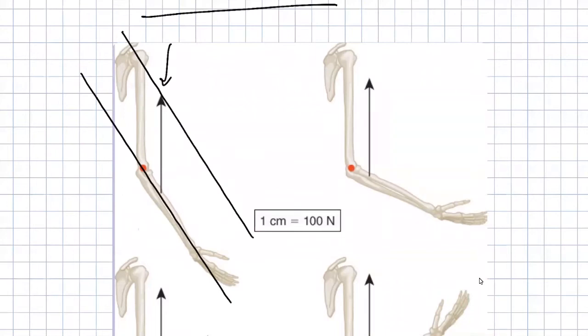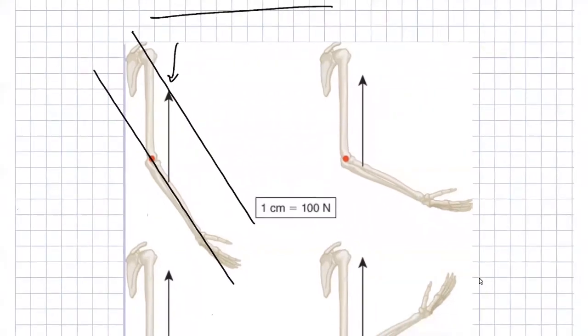I just want to show you how this biceps vector has two components. One component that's perpendicular to that axis, that's the rotary, that rotates the elbow into flexion. That's an easy one.